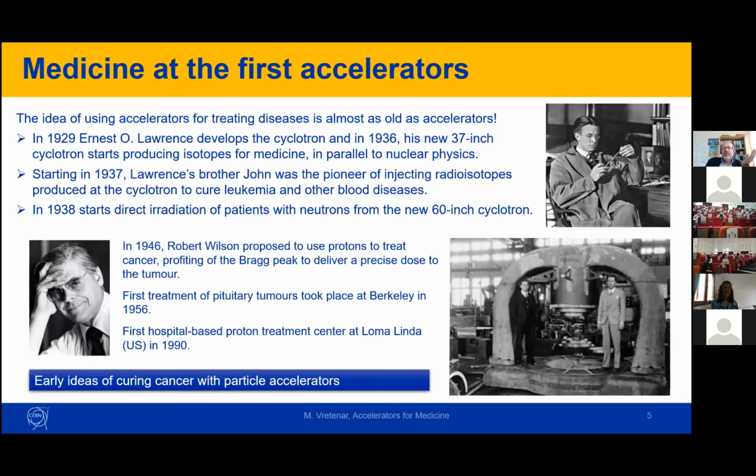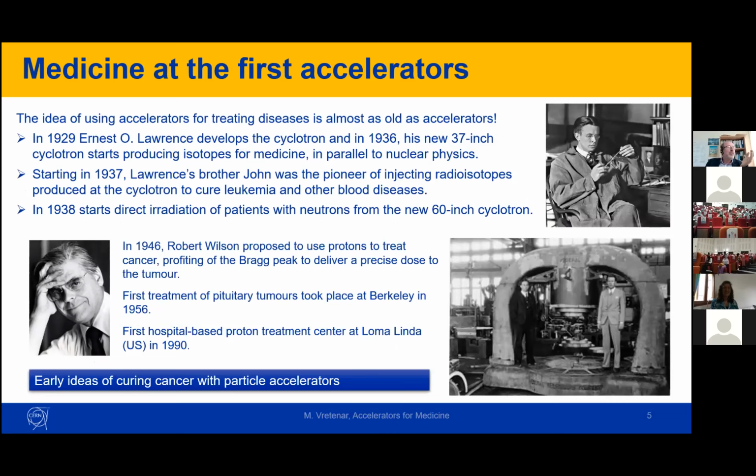It all started, as was shown already by Manjit Dosani this morning, with the ideas of Ernest Lawrence, the inventor of the cyclotron. A lucky coincidence also for using accelerators for medicine is that Lawrence's brother, John Lawrence, was a medical doctor, and together they made a lot of experiments at the first cyclotron on medical applications of cyclotrons.